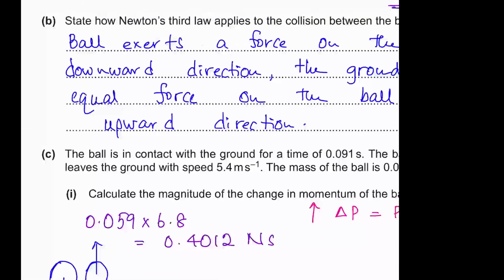There's no 6.8 in the business. It's rebouncing with the velocity 5.4. 0.059 into 5.4 is 0.3186. That is the rebounding momentum.